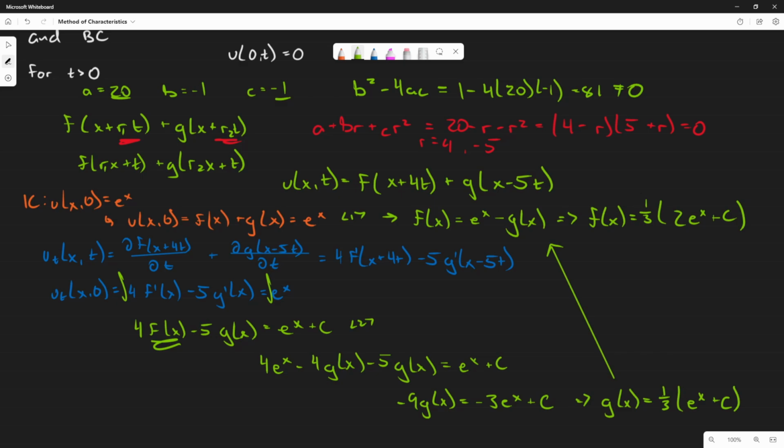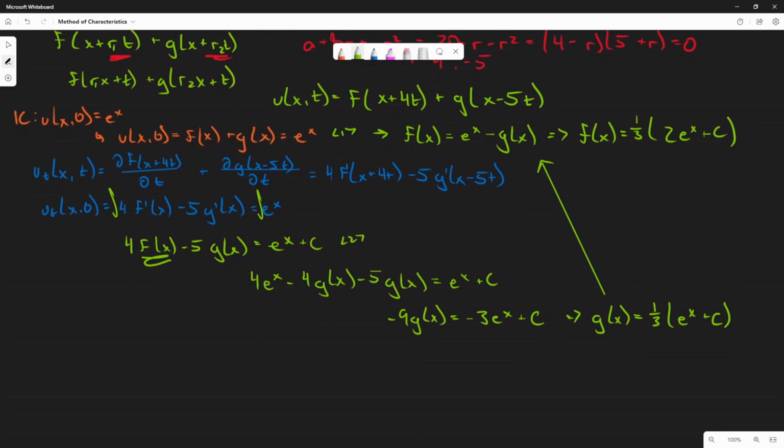Yeah, and so this will be our unique solution to this PDE.